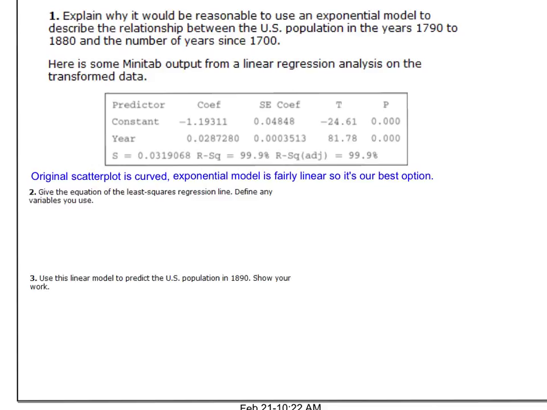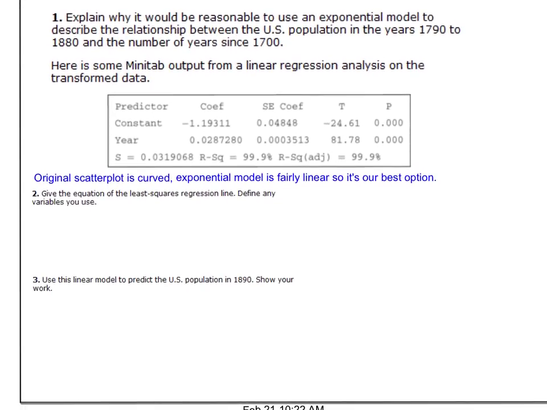Now let's be pretty thorough here as we do this. The starting point before I use my line is I should define my variables.